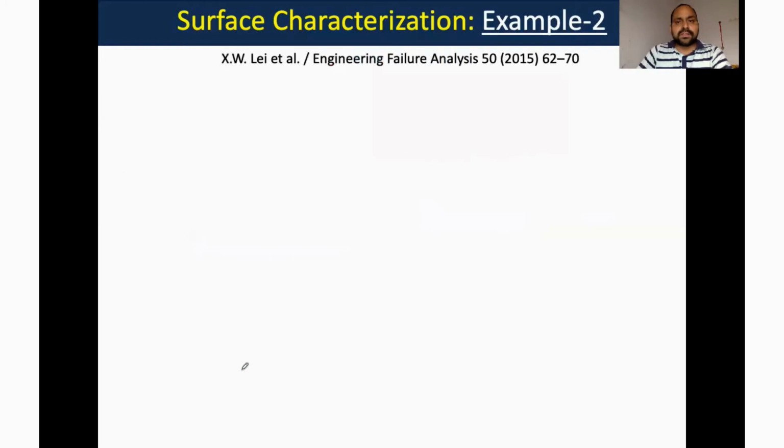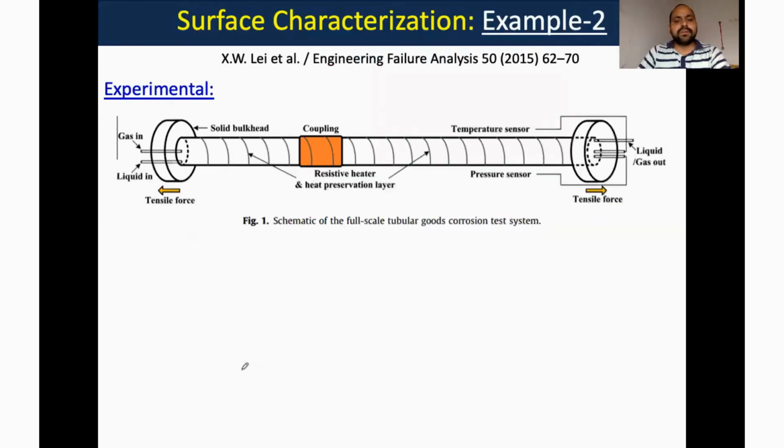So what is the structure? Here you can see what we mean by the full scale tubular goods corrosion test system. They have one pipeline with another pipeline inside. This is the interior structure where one pipe is coupled together, and on top of that there is another structure in which we can have a gas inlet and liquid inlet.